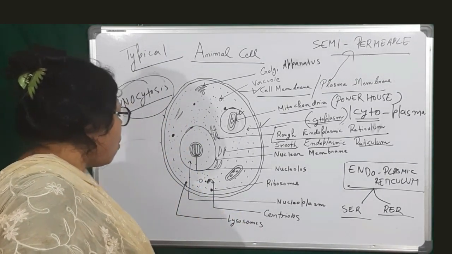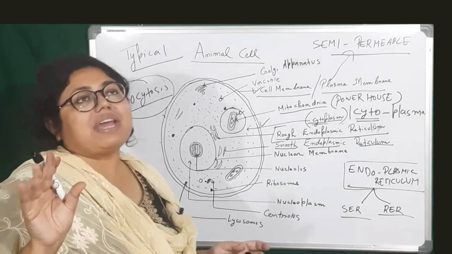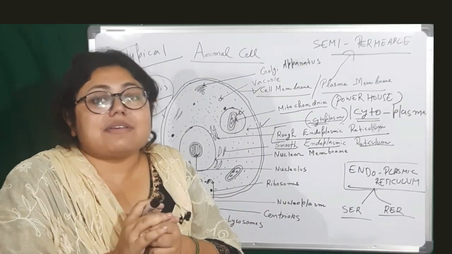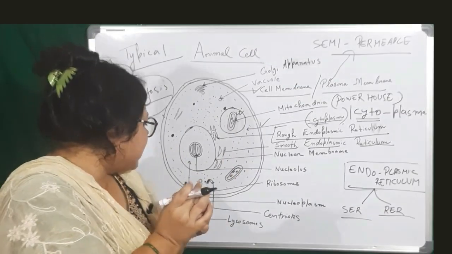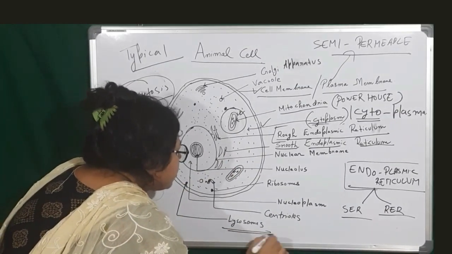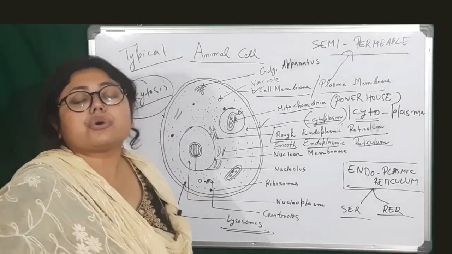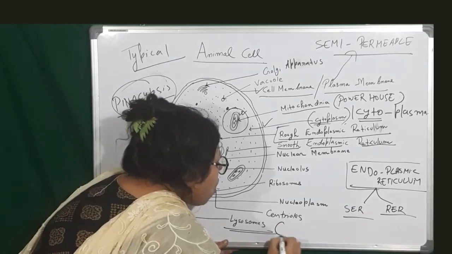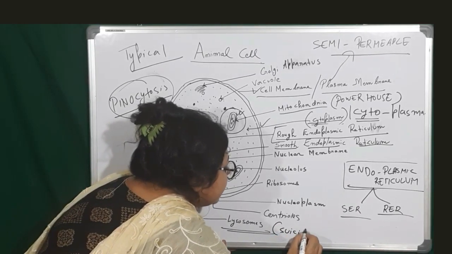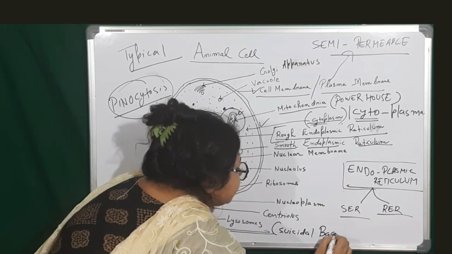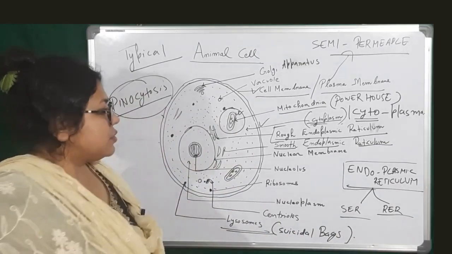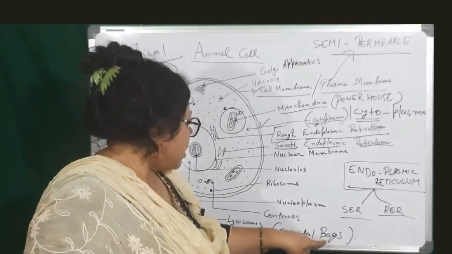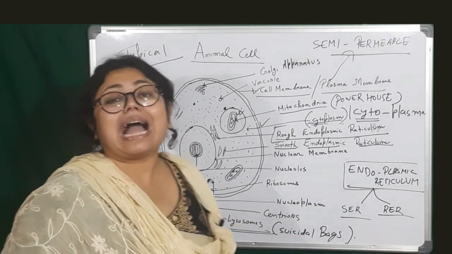Next we go to a very nice and fascinating structure, the lysosomes. These are also called the suicidal bags. Yes, you have heard it right. The powerhouse was the mitochondria; now the suicidal bags are the lysosomes.